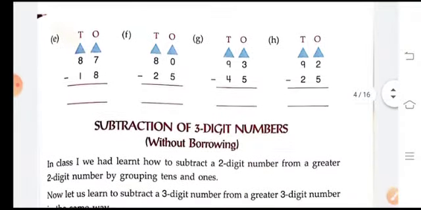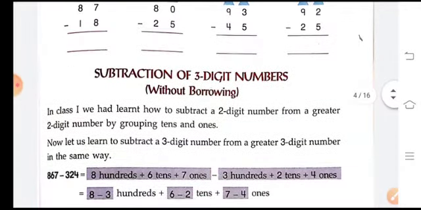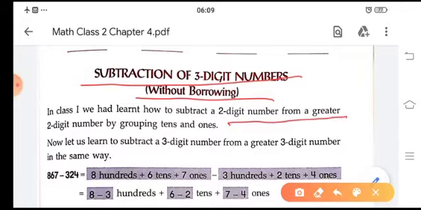Now children, we'll do subtraction of 3-digit numbers with borrowing. In class 1, children, we have learned how to subtract a 2-digit number from a greater 2-digit number by grouping tens and ones. Here we are going to learn subtraction of a 3-digit number from a greater 3-digit number in the same way.